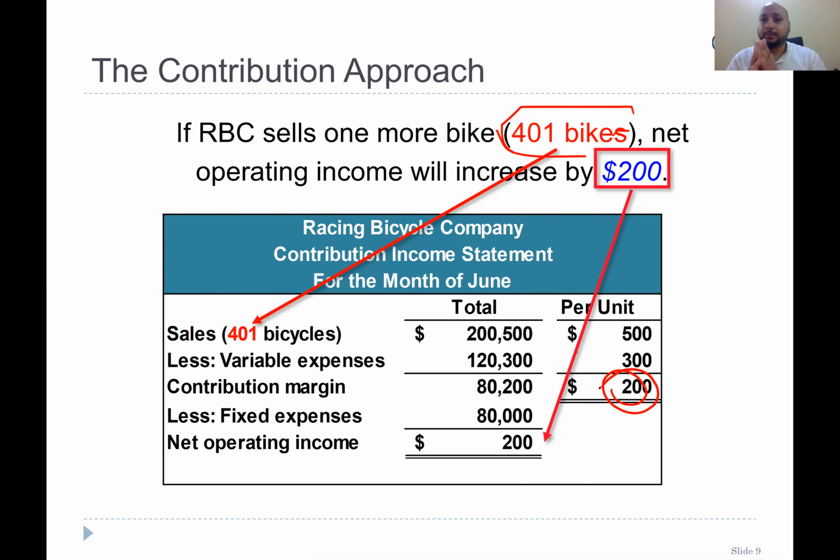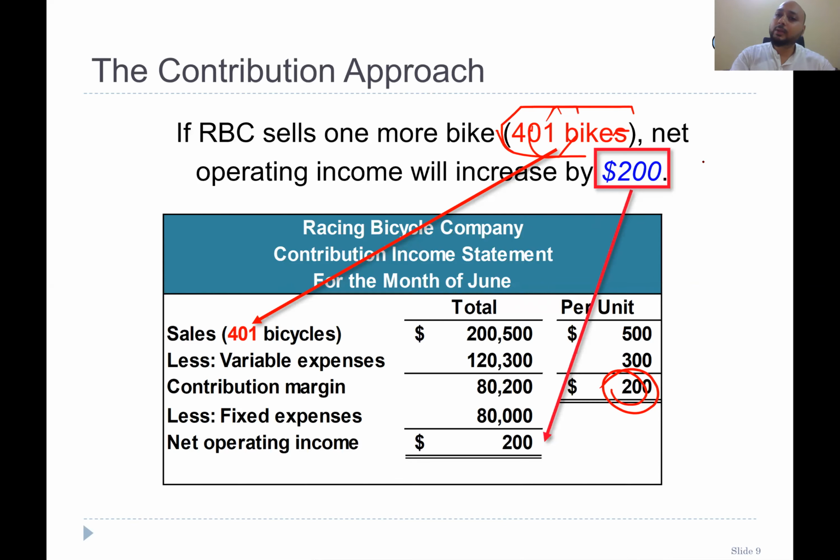So now, what is the second definition of contribution margin? After covering fixed costs, whatever is left directly goes to net operating income.